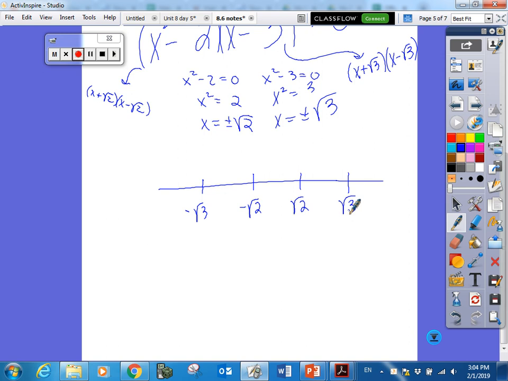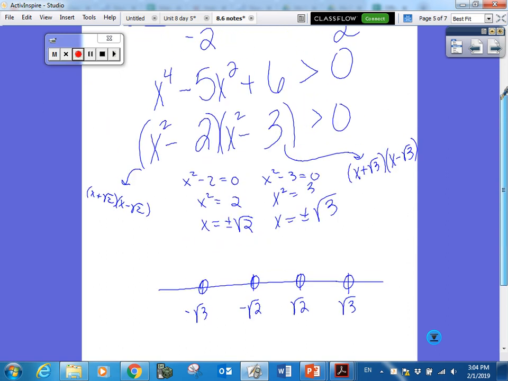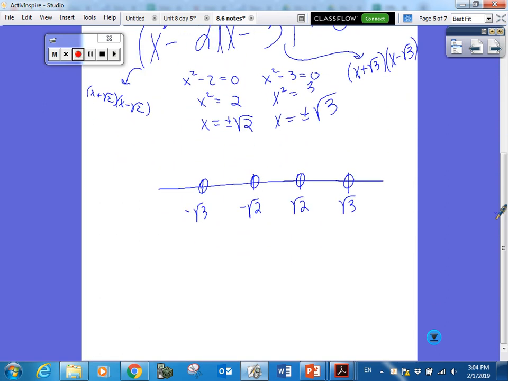If we use our minus method, I think these were all open. What did we change it to? Greater than. All right, so picking a number smaller than negative root 3 is easy. But what about picking a number between root 3 and root 2? Not as easy. So if we use our minuses, it's very helpful. It's going to be much, much easier.